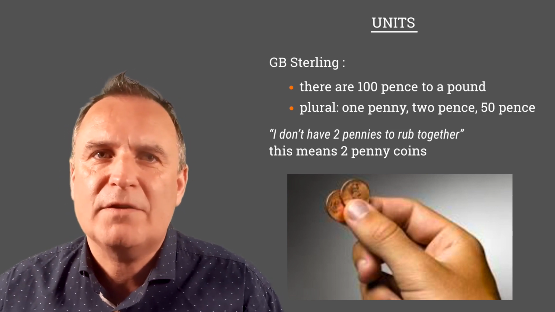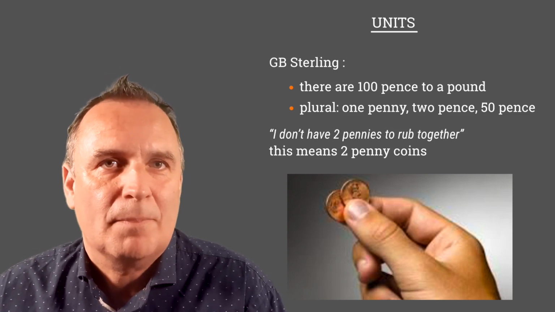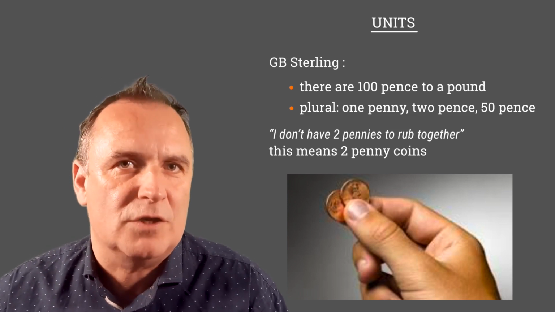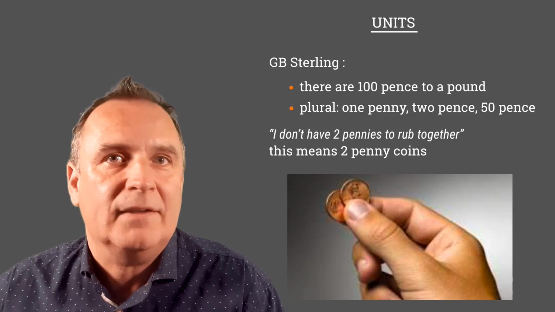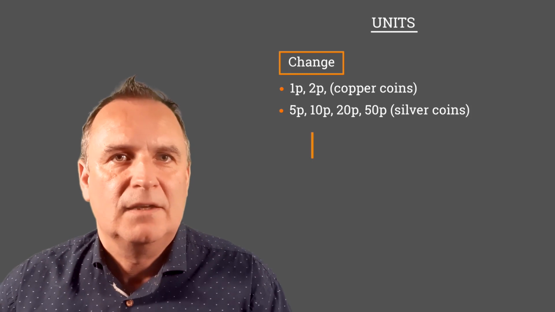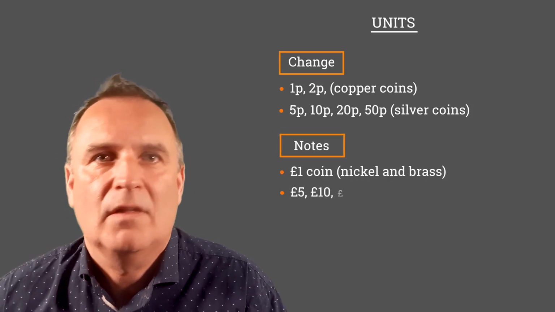But when we talk about the value of the money, we generally talk about pence. So pence is kind of like a plural or a value version of the word penny. So we talk about 2 pence, 50 pence, 72 pence, maybe £5.37.